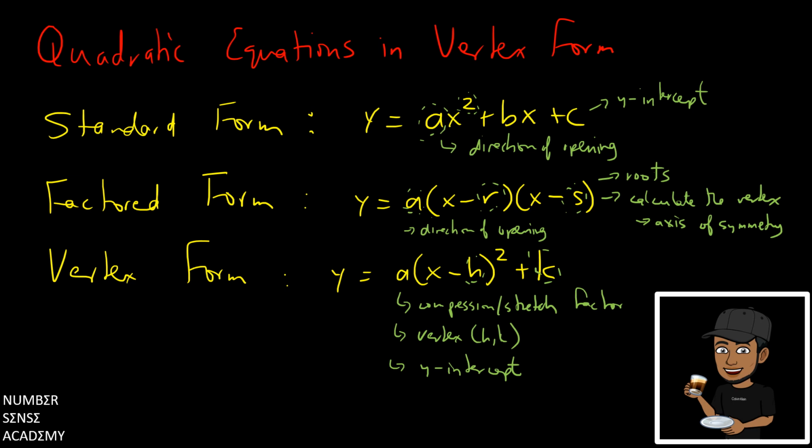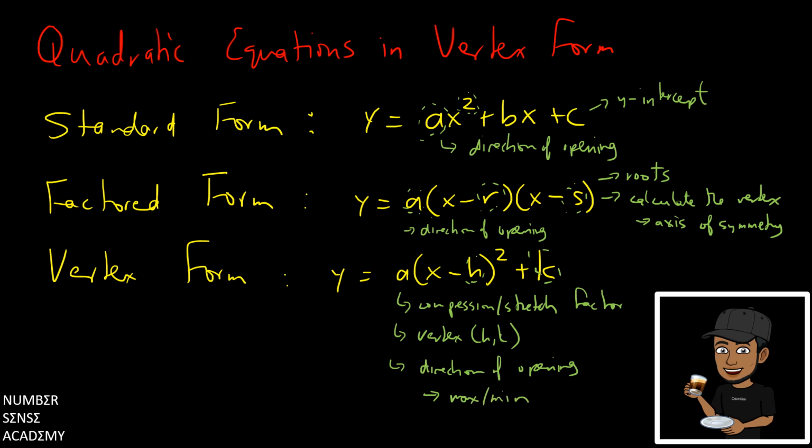It's only the y-intercept if there's no translation. That is my fault. The direction of opening is based on the sign in front of a, and from the direction of opening, we can tell if y is a maximum or minimum.